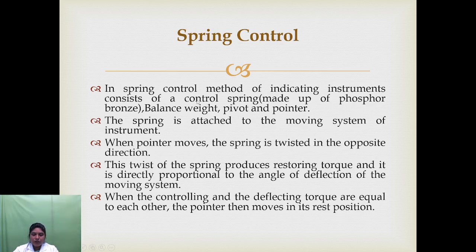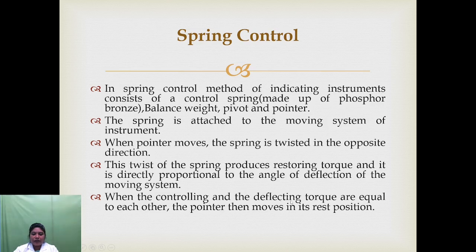Third, it should have low resistance, and fourth, it should have a low temperature coefficient. In this method, we use a spring attached to the moving system of the instrument. When the pointer moves, the spring is twisted in the opposite direction. The twist of the spring produces the restoring torque, which is directly proportional to the angle of deflection of the moving system.